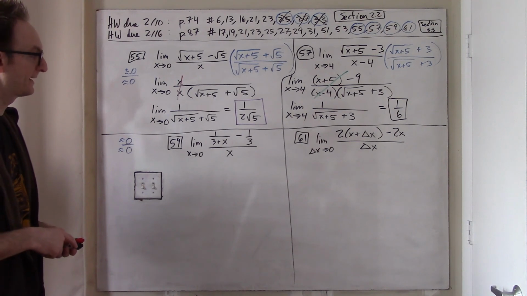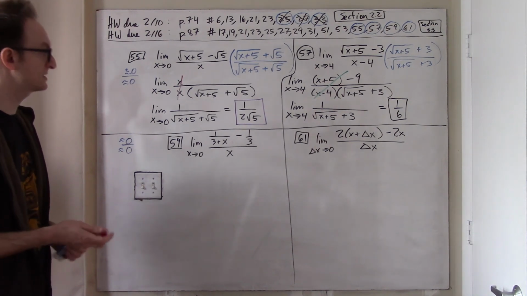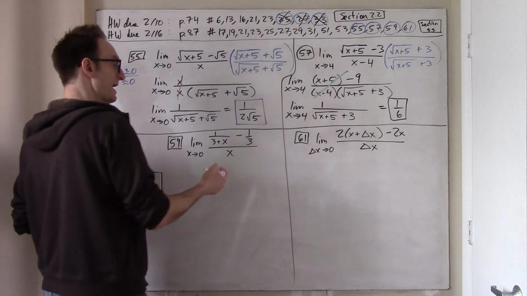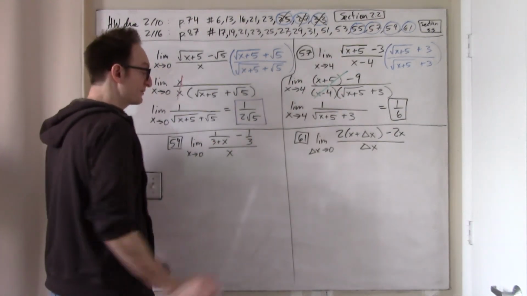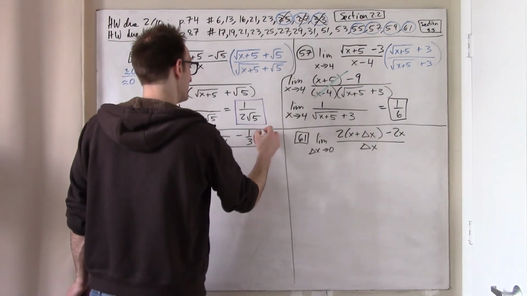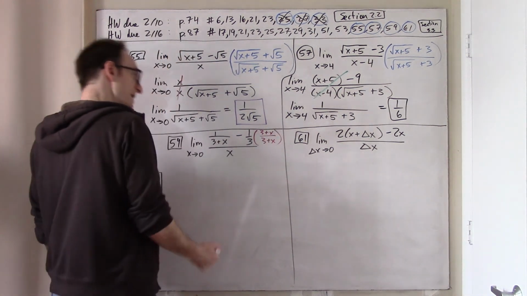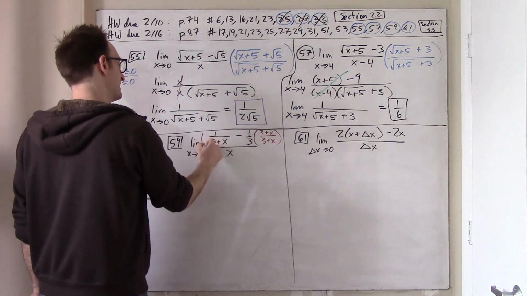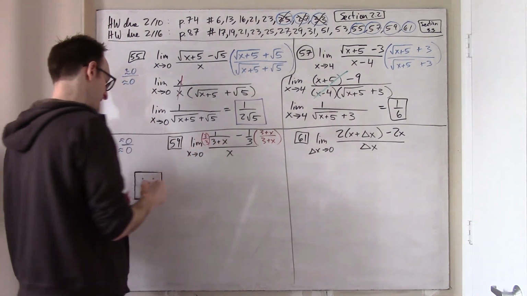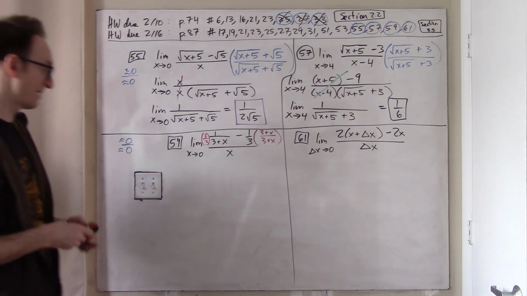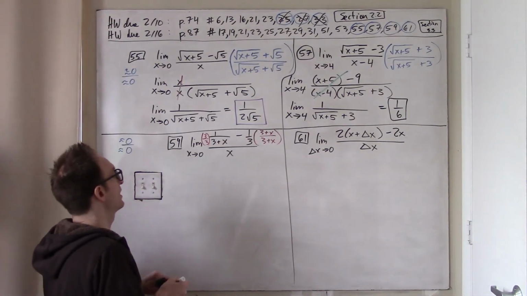Answer, do some algebra. And in this case, the algebra that I should do, I think, is just simplify this complex fraction. So get a common denominator up top. This is what I'm going to do. Multiply by 3 plus x over 3 plus x, and here multiply by 3 over 3, and just get a common denominator. So what do we end up with?